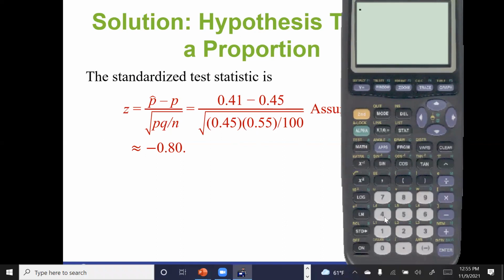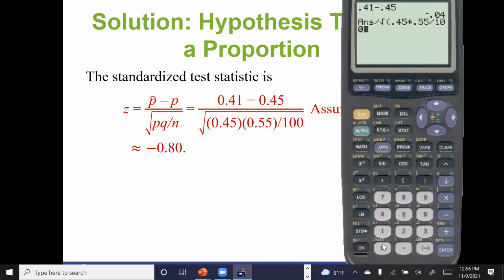So 0.41 minus 0.45. I got that. I divide that by the square root of 0.45 times 0.55 divided by 100.